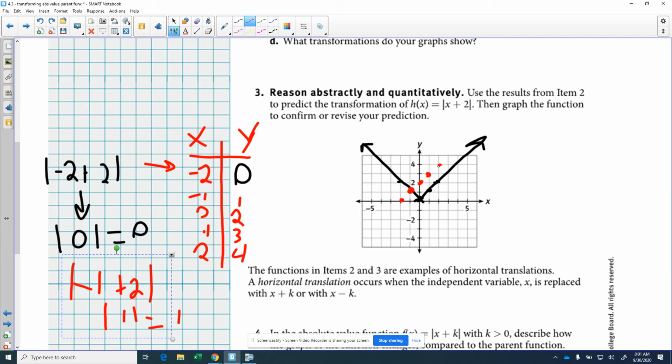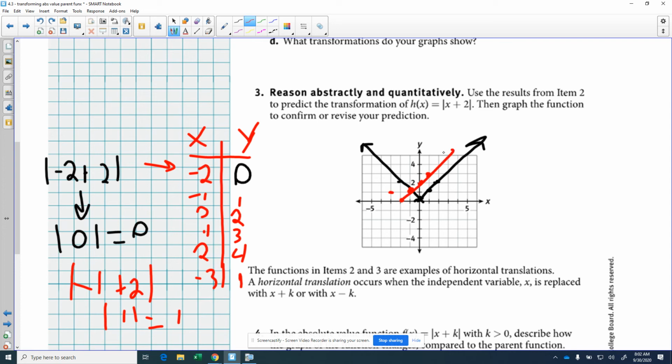But what's happening on the other side of the origin? I want to know what's happening over here. So let's try one more quick point, because I want this V-shaped figure. If I try the coordinate -3 and work that out, I would get +1 as an answer. So at -3, +1.